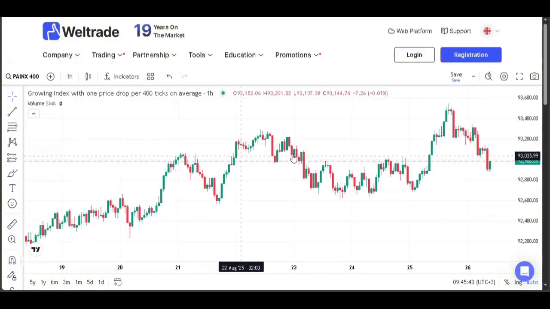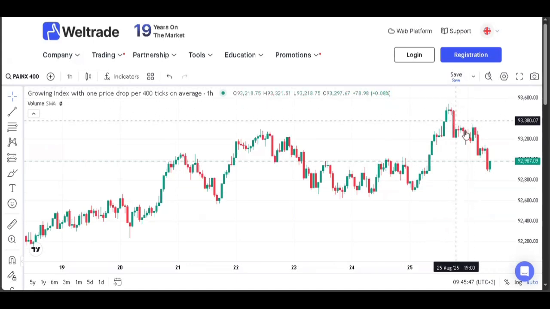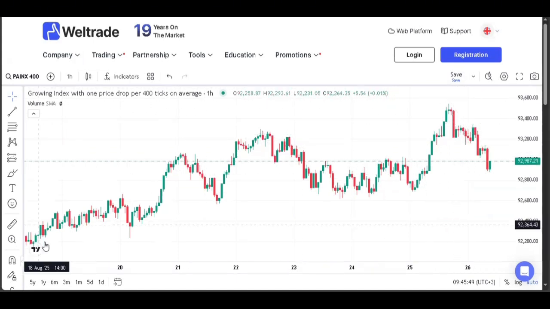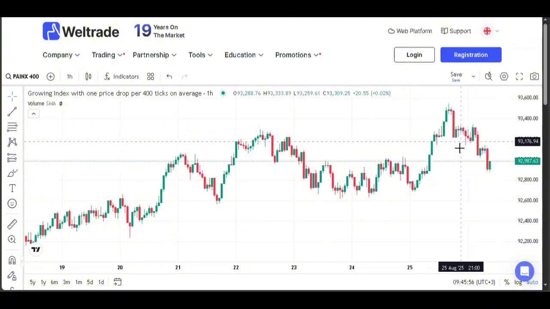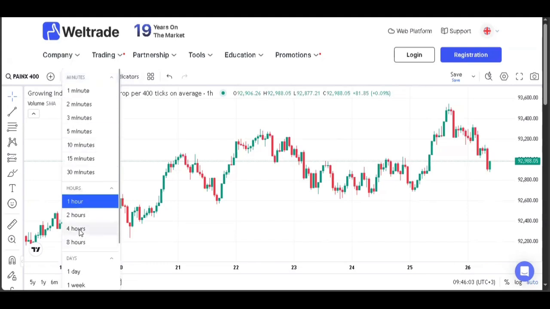So here, this is our hourly time frame. As you can see, guys, what are we seeing? In the long run, the market looks like it's buying, but around this area, the market looks like it's selling. Okay, so right now, let's go and check the 4-hour time frame.